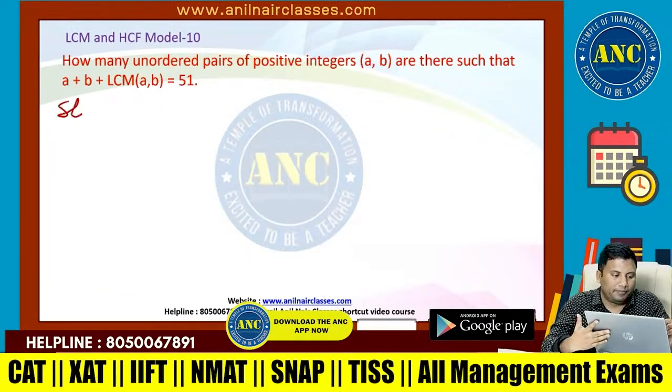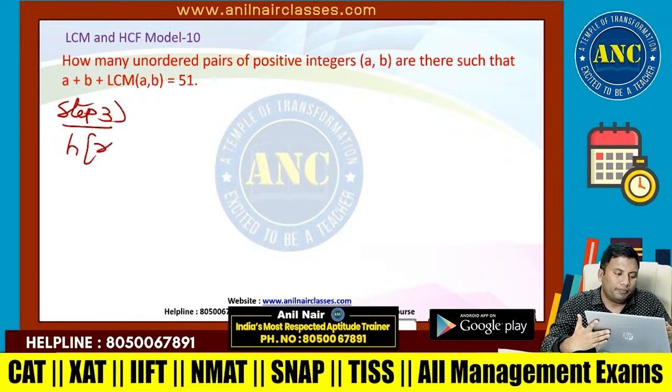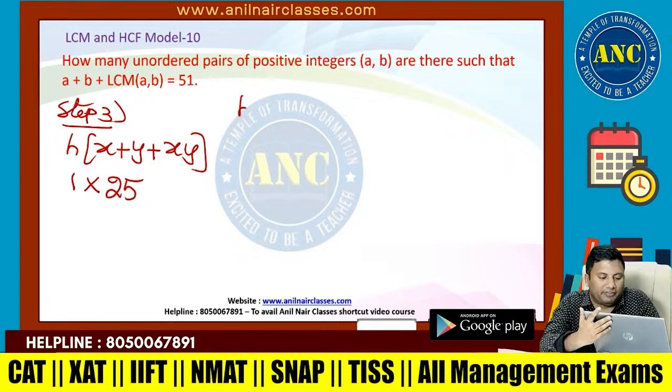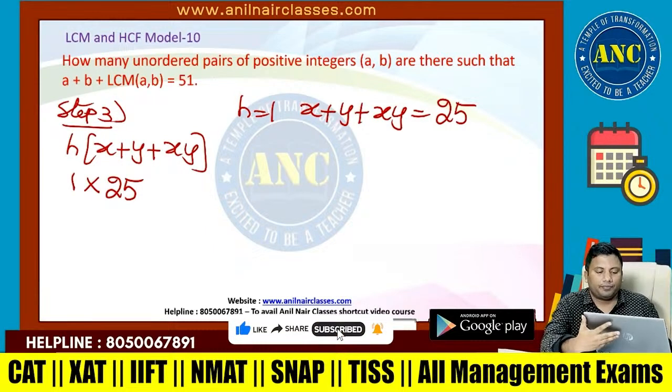Step 3. H into X plus Y plus XY. This is 1 into 25. If H is 1, X plus Y plus XY equivalent to 25.